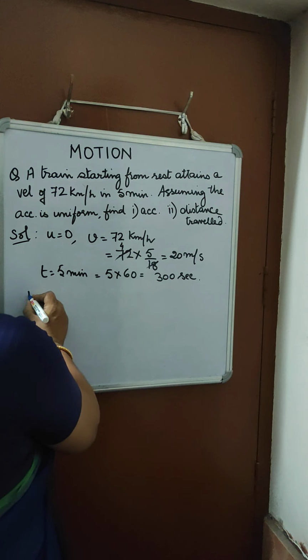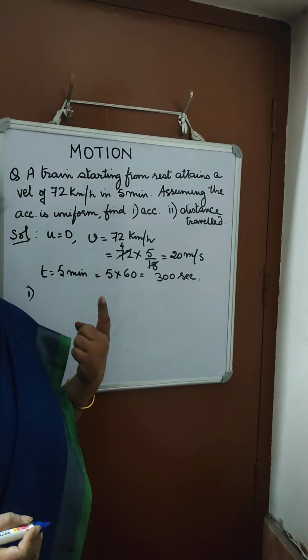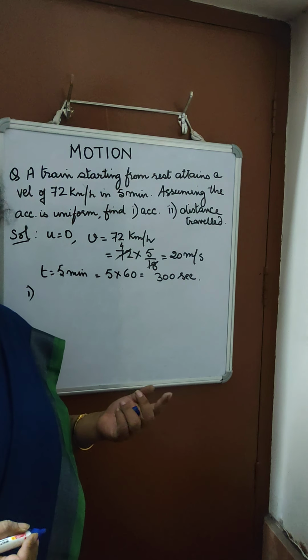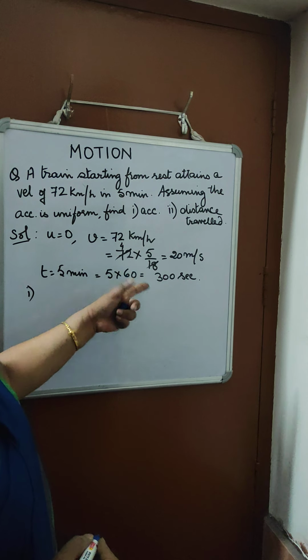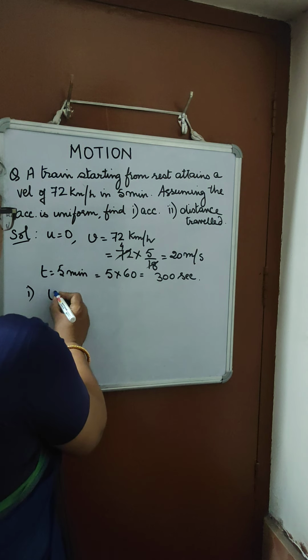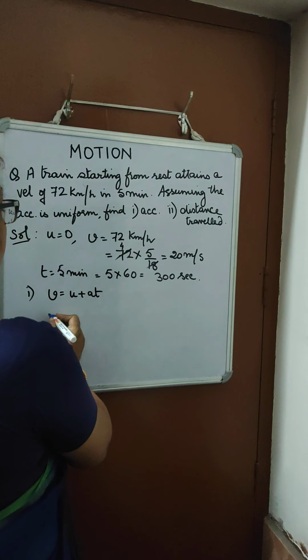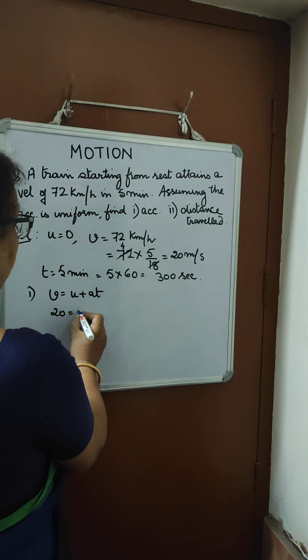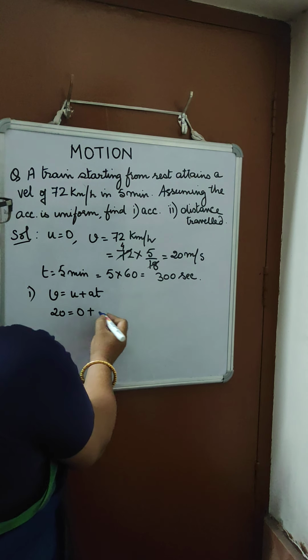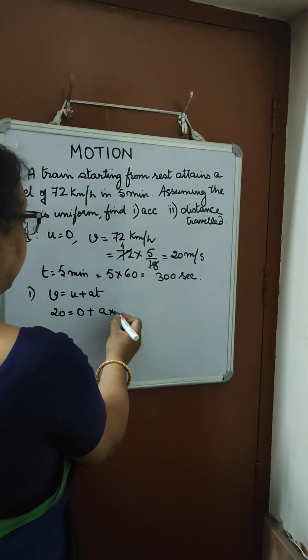Assuming the acceleration is uniform, find the acceleration. First part, we need to find the acceleration. To find the acceleration, we can use the first equation of motion. V is equal to u plus at. V is given, u is given, t is given. So V is how much? 20. U is 0 plus a, we need to find out, time is 300 seconds.